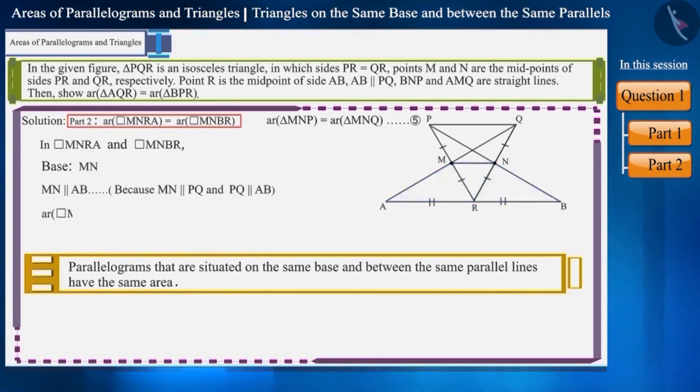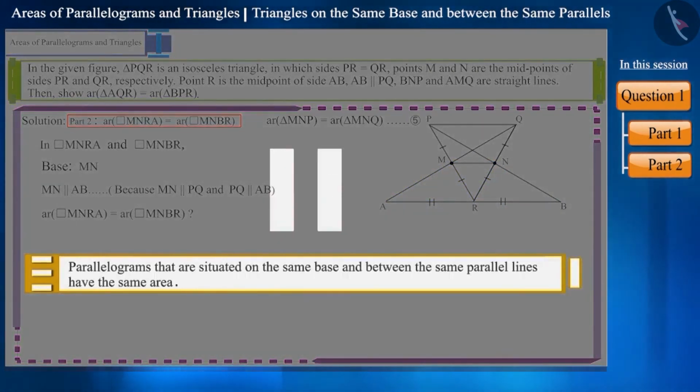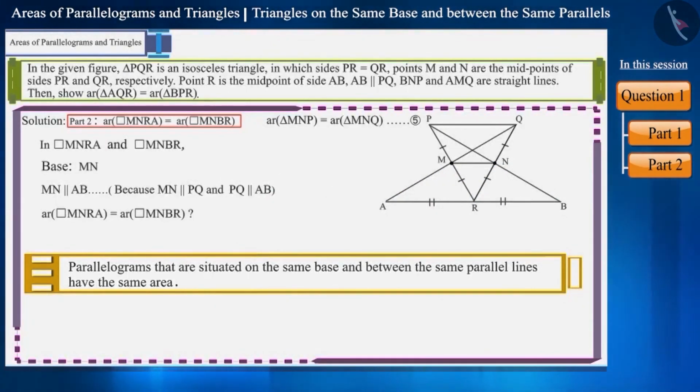So, can we use this theorem here and say that their areas will be equal? Friends, you can pause the video and think of the answer. If you're thinking that we can use the theorem here, then you're wrong. Because these quadrilaterals are situated on the same base and between the same parallel lines, but they are not parallelograms. Therefore, we can't use this theorem here.